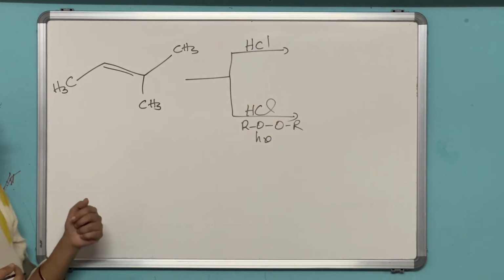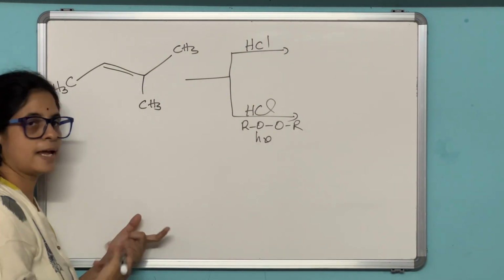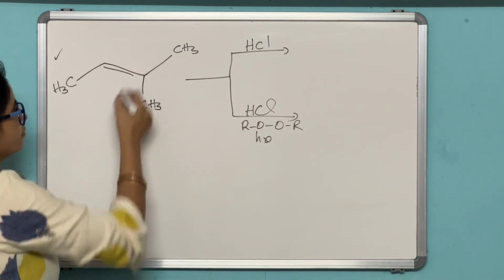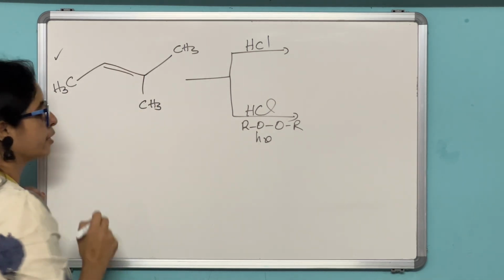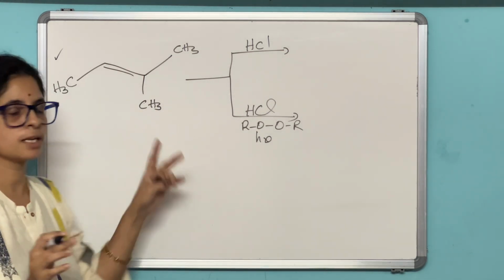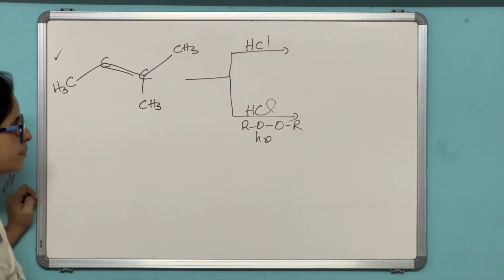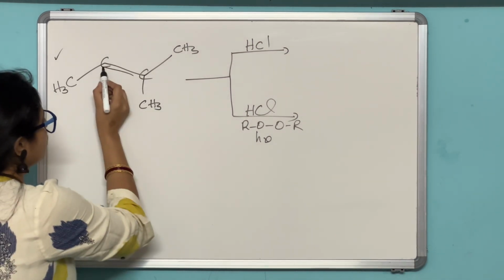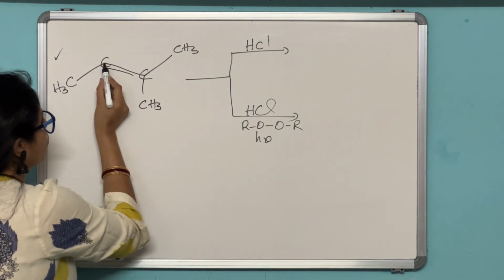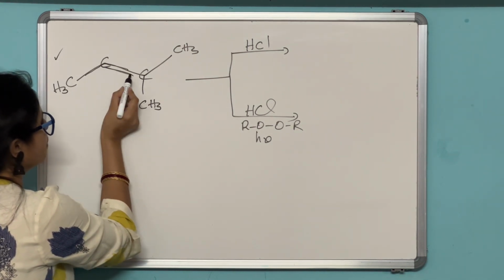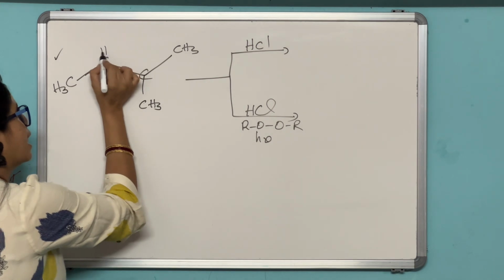So if you are given like this, the same question. If you are confused with this, just at this one you place a carbon. Okay, so here you have 1, 2, 3 bonds at this carbon, so remaining hydrogen.